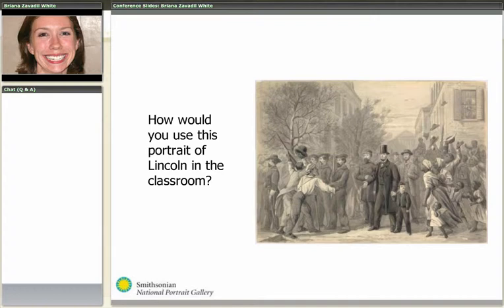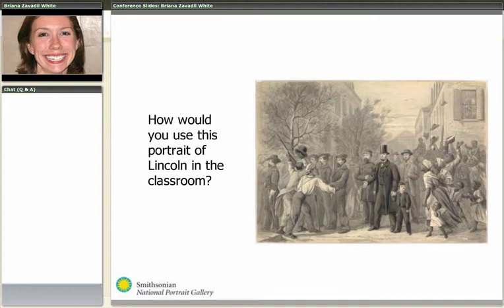There are so many springboards, and again, I probably haven't said this because I say it so often. At the Portrait Gallery, we use the portrait as a springboard into a conversation about biography, about history, and this is such a great piece to do that with. So again, it is helpful to have that backstory.